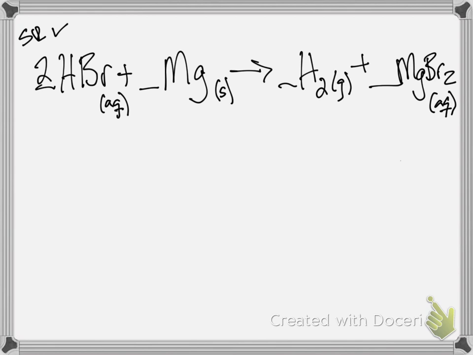So, to put it all together, you ready? Aqueous hydrobromic acid is added to, plus, or reacts with. All of those are acceptable. Solid magnesium to yield hydrogen gas plus aqueous magnesium bromide.